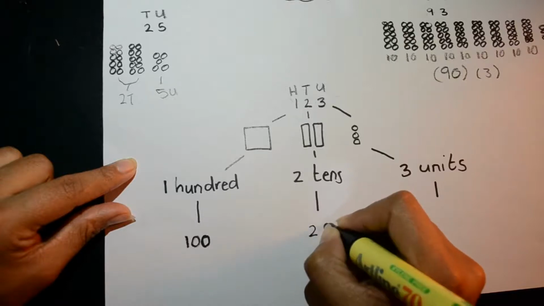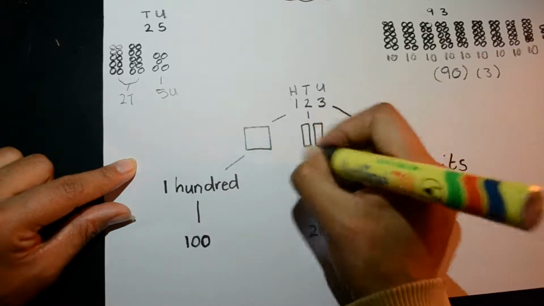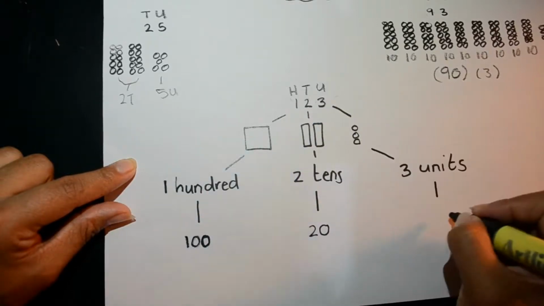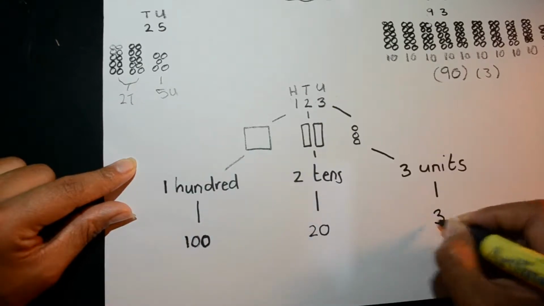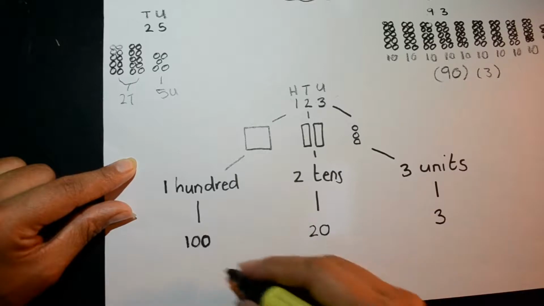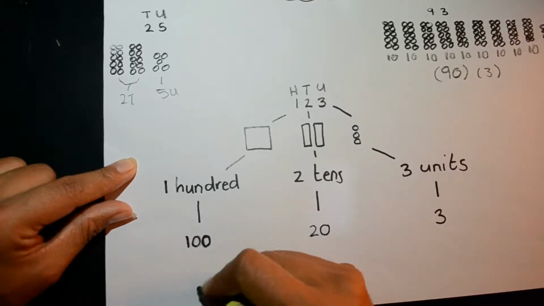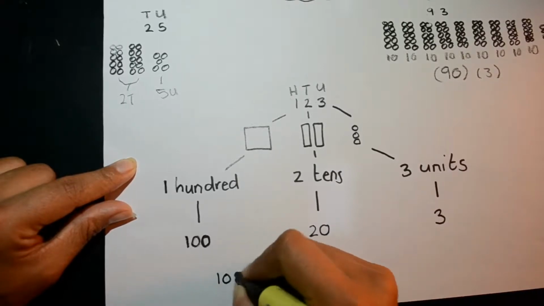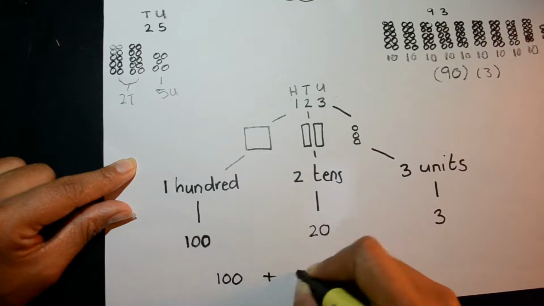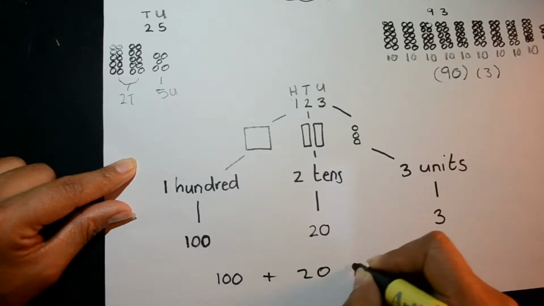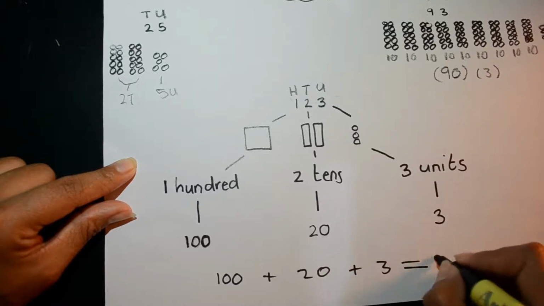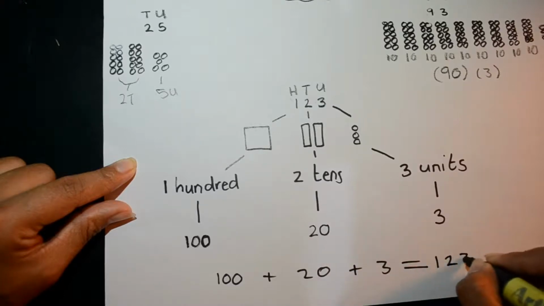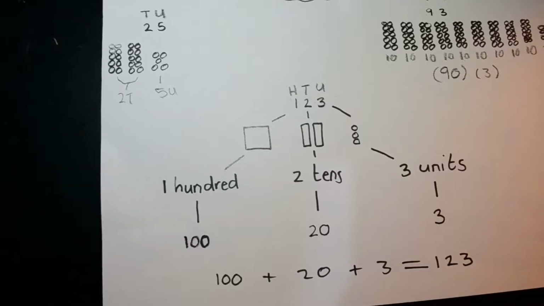So there's 20 pieces there. And on this side there's 3 loose ones, so it just stays 3. And then the number becomes like this: 100 plus 20 plus 3 is equal to 123. That's how I get my answer.